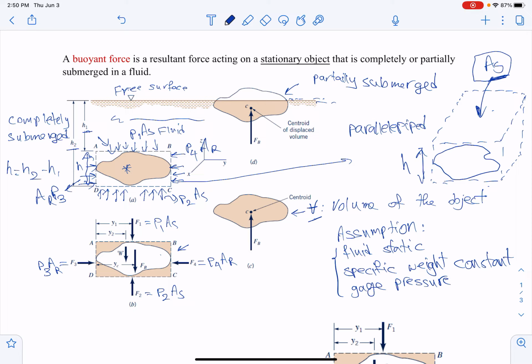So we have that, and then this is the weight, and I already said that the force is going to be exerted on the plane of the surface.